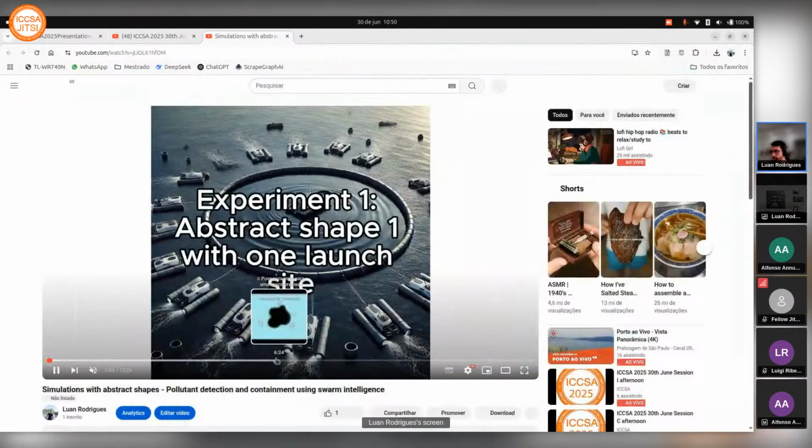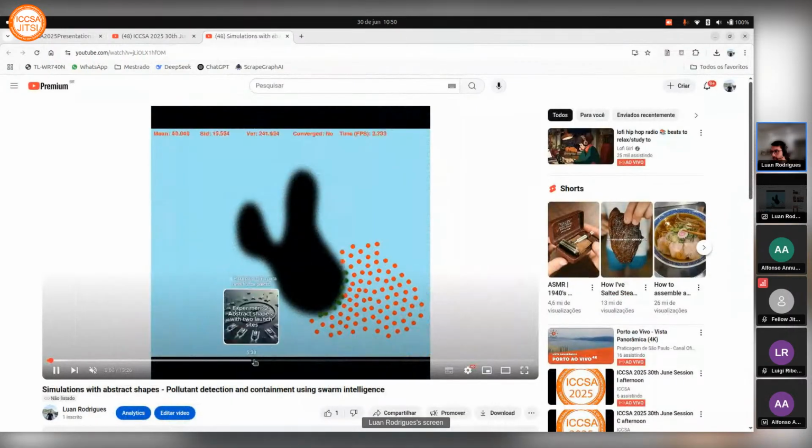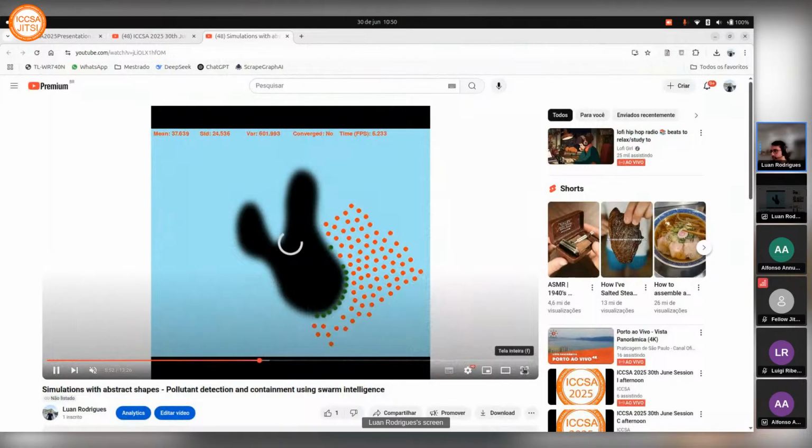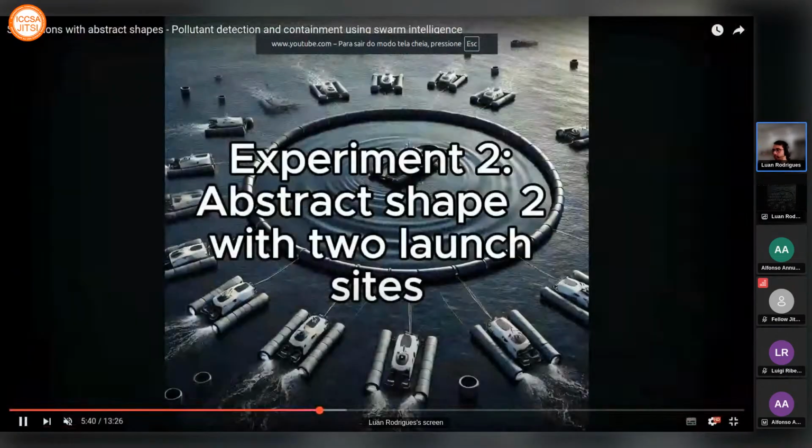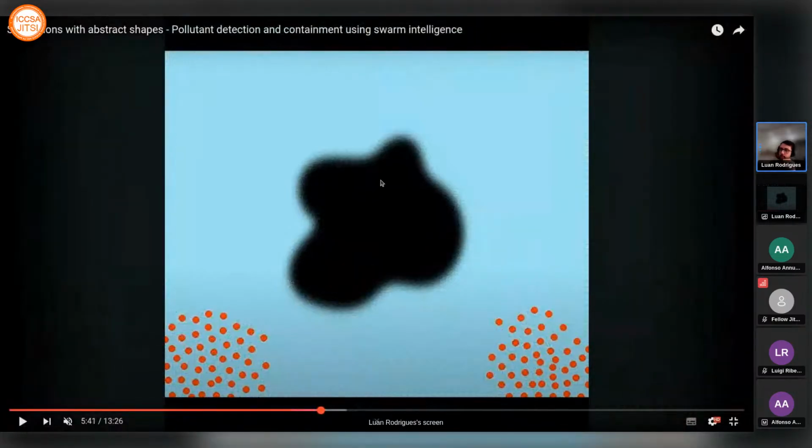I will be showing this simulation here. So we have the abstract shape 2 with two different launch site locations.